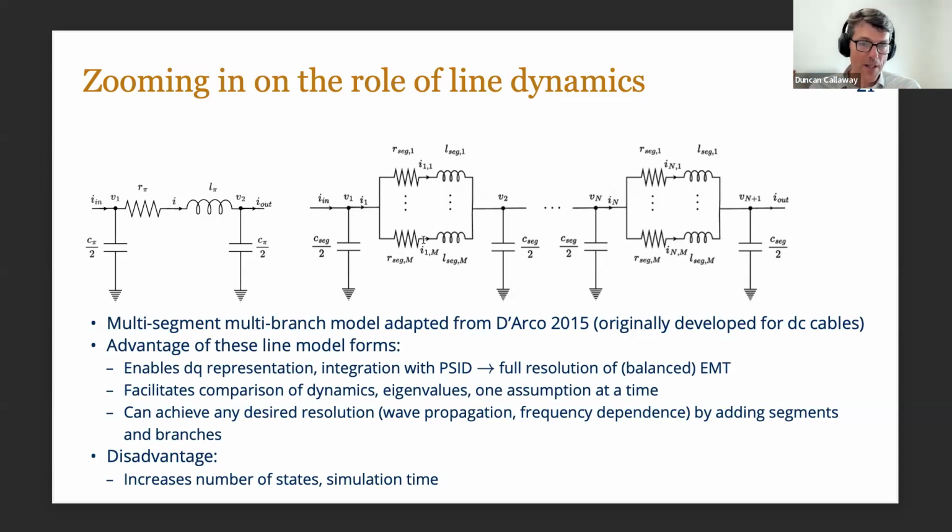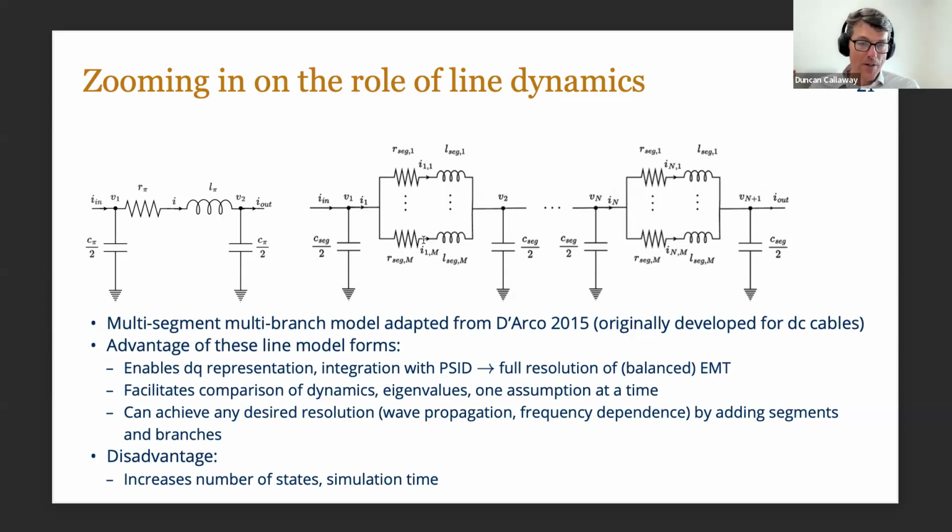So the advantage of using this model form is that we can work with it in DQ representation in the extreme of many, many segments and many, many branches. You wind up getting to a system that would look just like a PDE representation of power system transmission line dynamics.